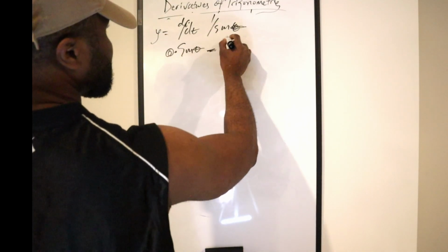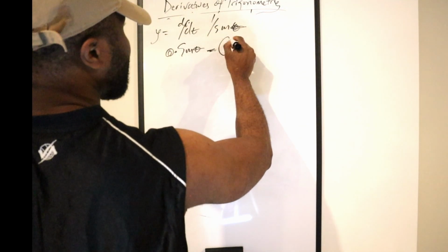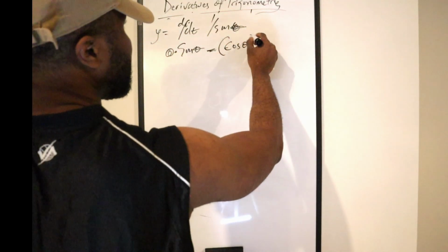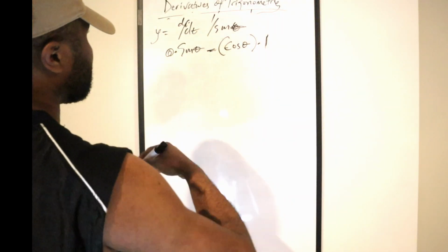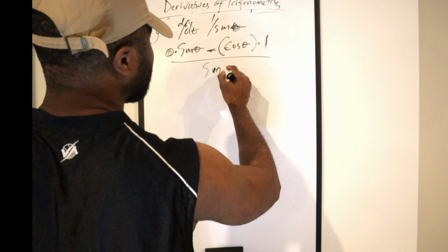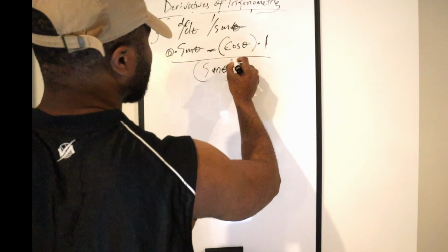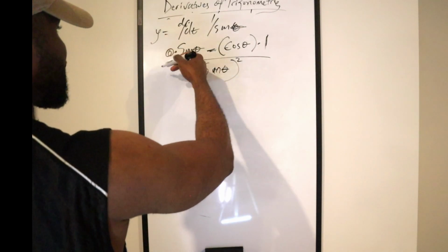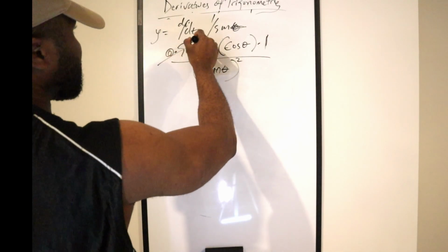So minus will give it minus cos theta, and keep 1 constant. 1 is 1, and divided by sine theta squared. So 0 times any number is 0 here.